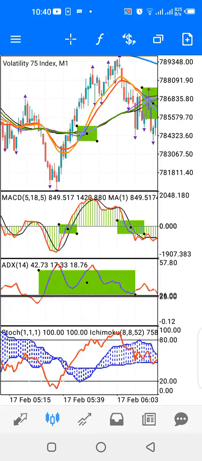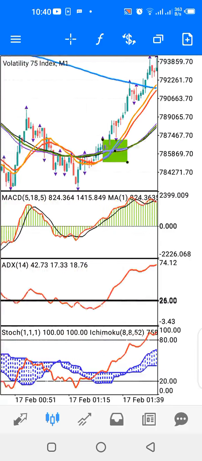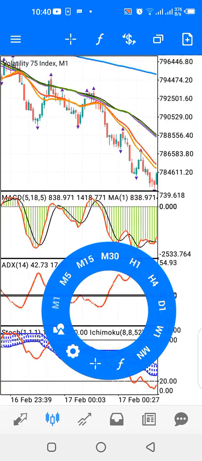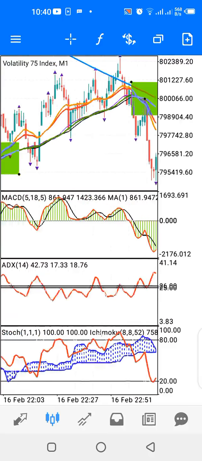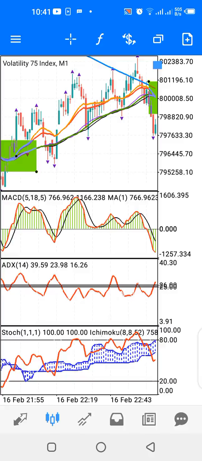But when it is below, let's look for a scenario where it is below. Like it is below here, you stay out of action, do not buy, do not sell. Like it is wavering around here, do not buy, do not sell.